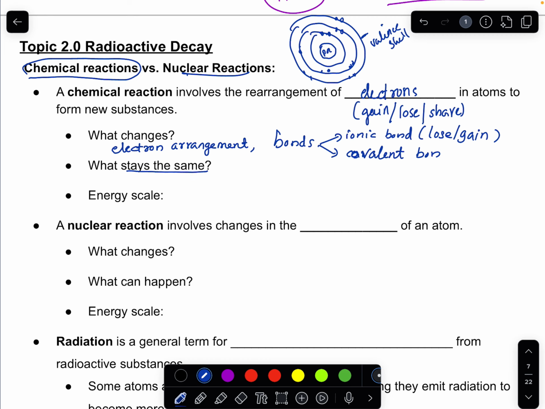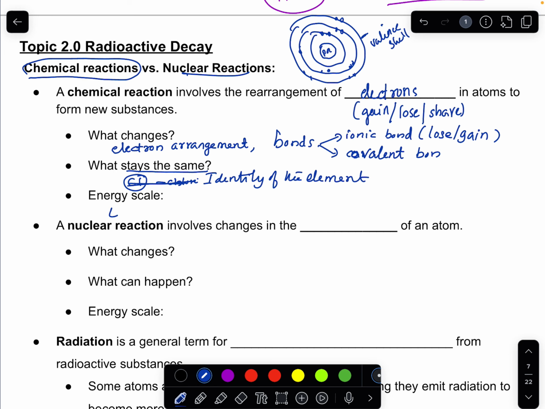What stays the same? We know that if chlorine reacts, it will still be chlorine, right? Maybe it changes into ions or some other compound, but the element symbol will be the same. So we can say the identity of the element is not changing.